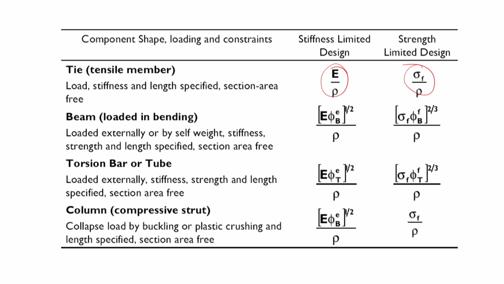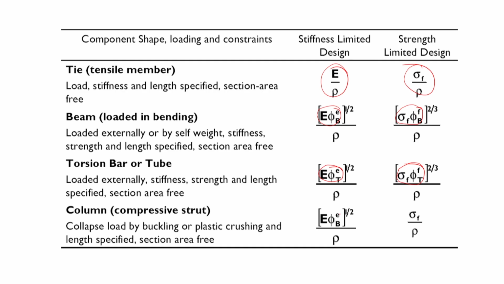But for a beam loaded in bending, instead of square root of E over rho, now we have square root of phi b E times E over rho, and for strength it is sigma f phi b f to the power 2/3 over rho. Now for the torsion, we have square root of phi t E times E over rho, and similarly for torsion strength wise it is sigma f phi f to the power 2/3 over rho.